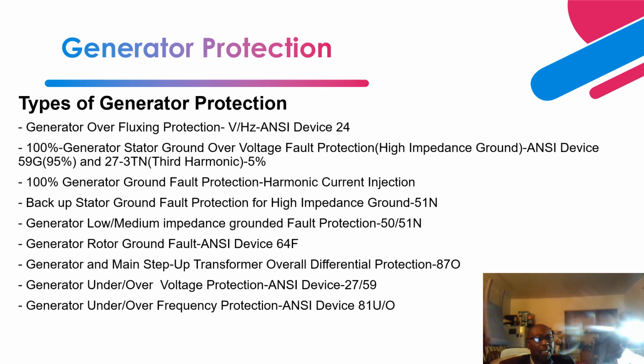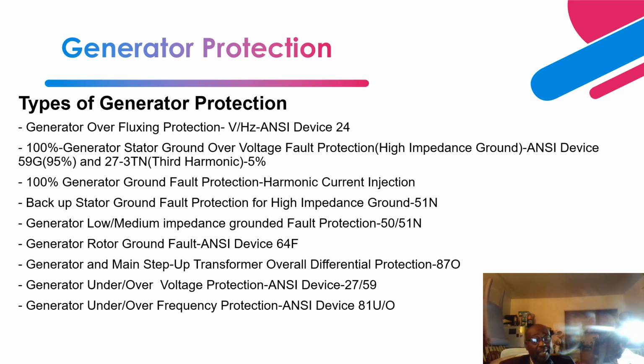The third harmonic scheme is based on the philosophy that each generator has an inherent third harmonic feature, based on the way the slots of the core are made. When the generator is in operation, different third harmonic voltages are built depending on the loading of the generator.